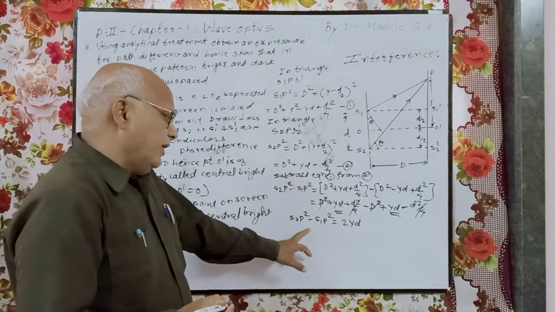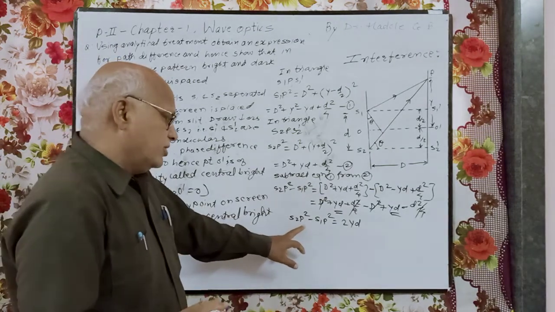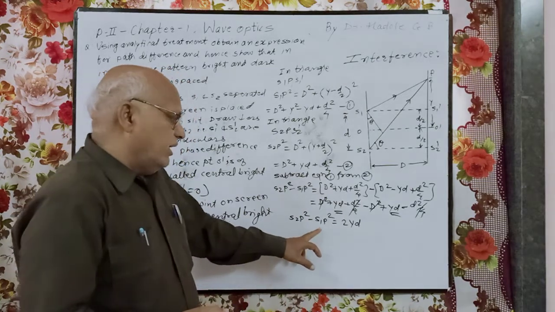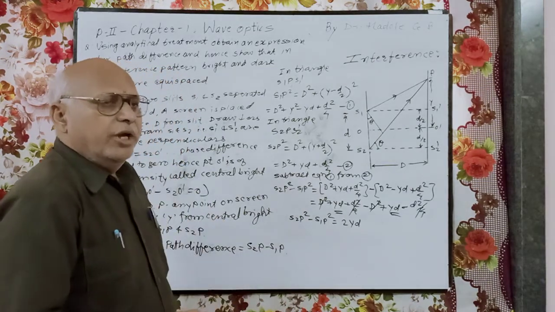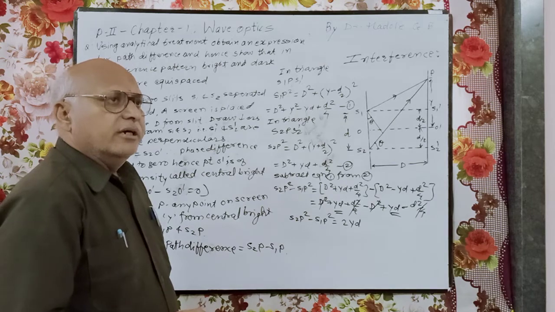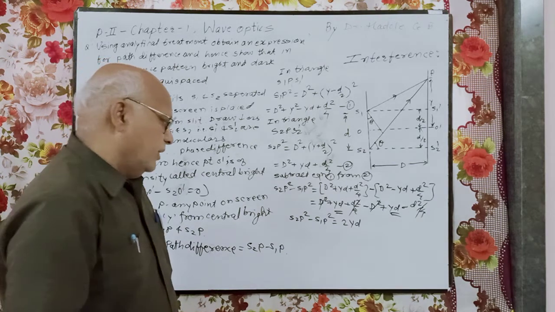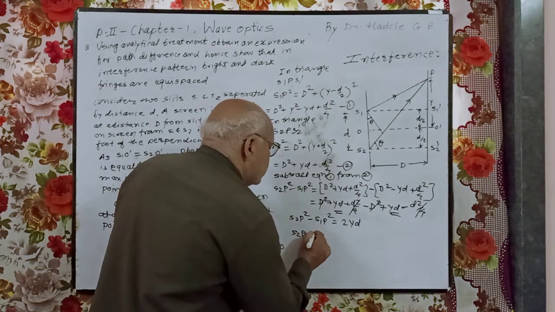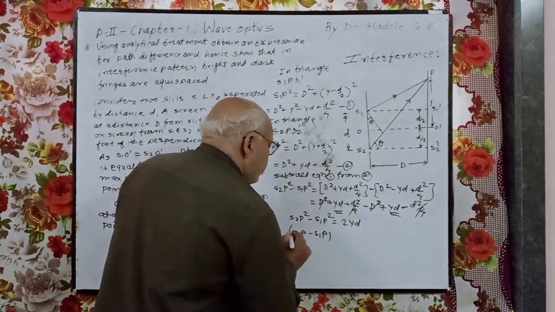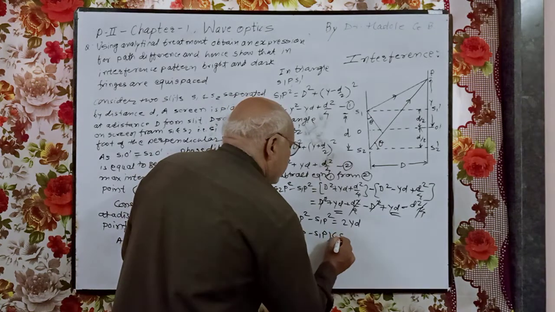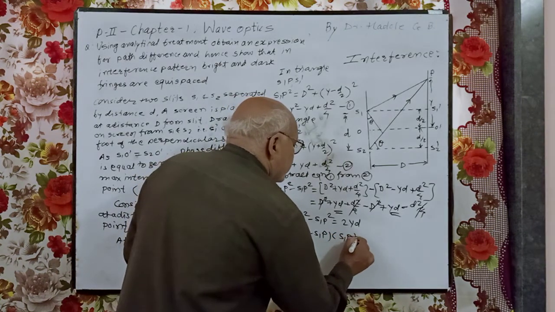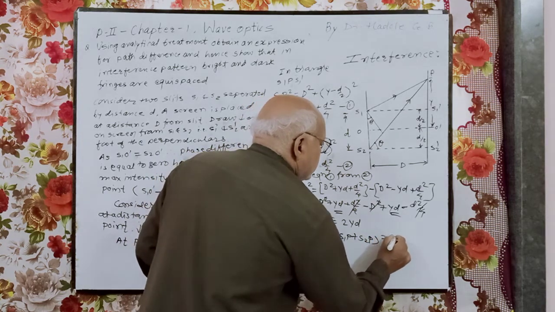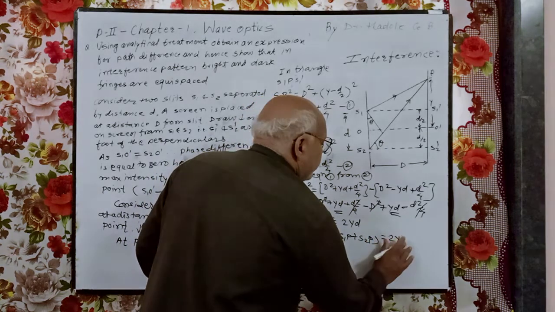Now let us factorize this term. This is just like a square minus b square, which is equal to a minus b into a plus b. Therefore we write S2P minus S1P in one bracket and S1P plus S2P in another bracket, which is equal to twice y into d.